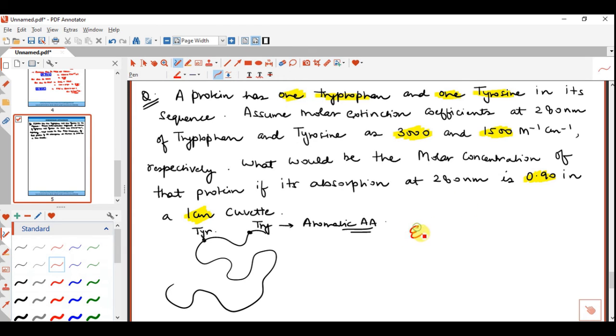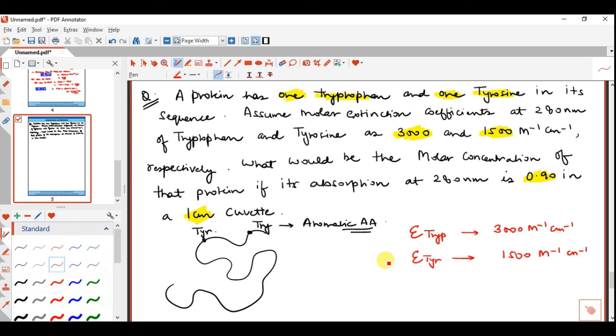So epsilon for tryptophan has been given as 3000 m-1 cm-1, and epsilon for tyrosine has also been given to you, and this is 1500 m-1 cm-1. Because of their aromatic nature, these two would be showing some kind of absorbance.